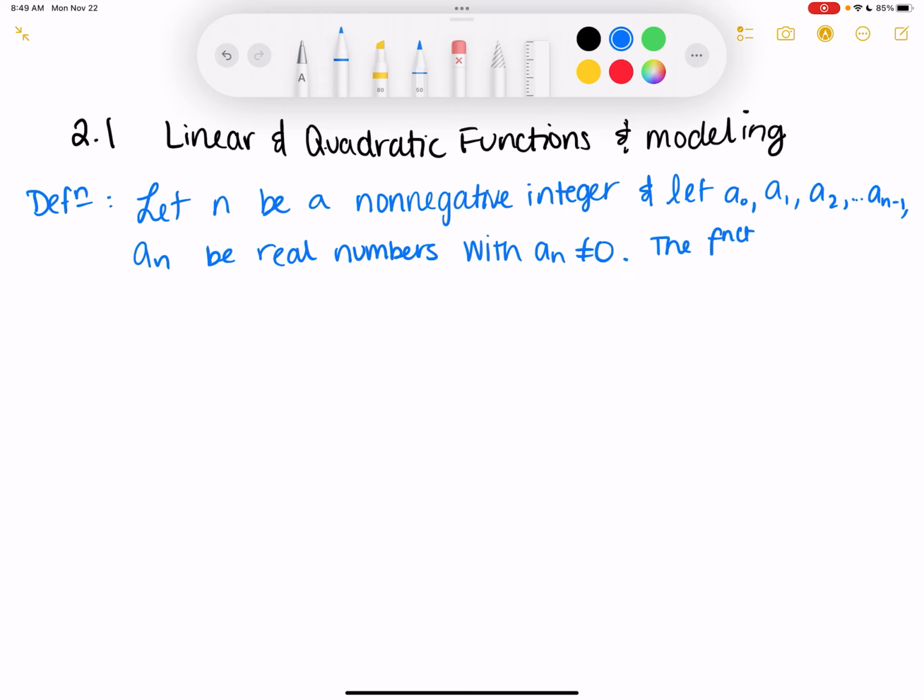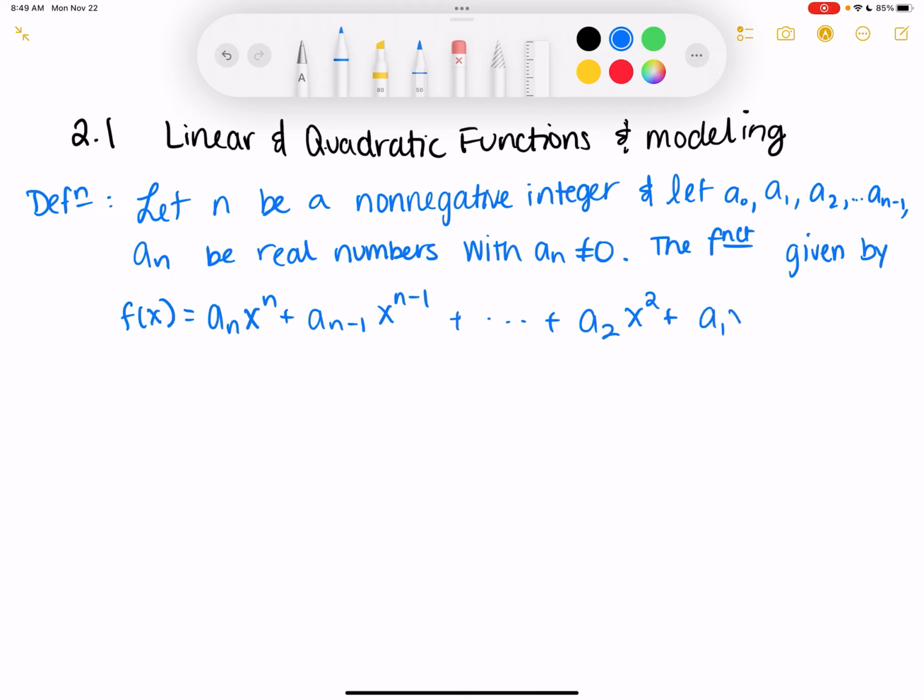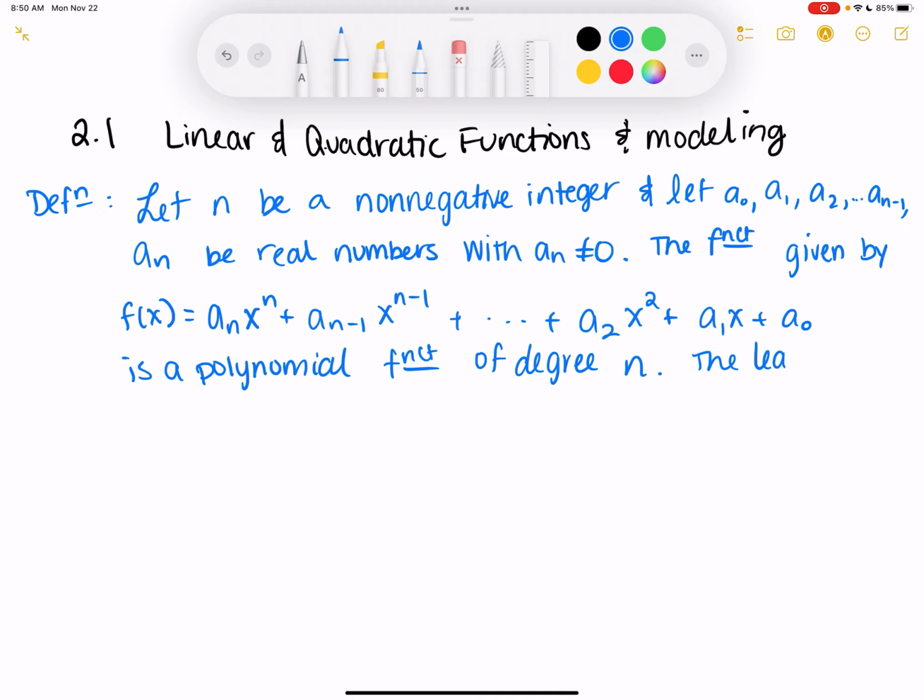The function given by f of x is equal to a sub n x to the n plus a sub n minus 1 x to the n minus 1 plus dot dot dot plus a sub 2 x squared plus a sub 1 x plus a sub 0 is a polynomial function of degree n. The leading coefficient is a sub n.